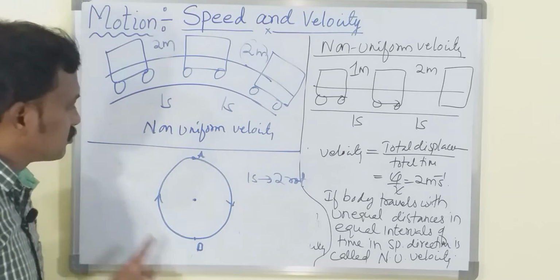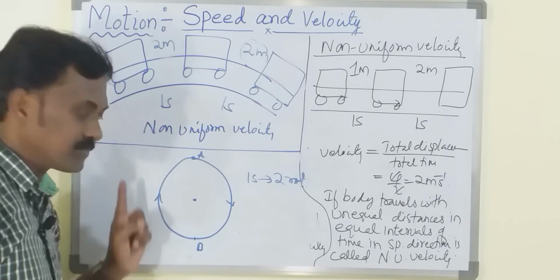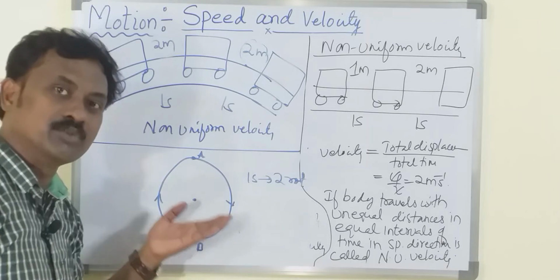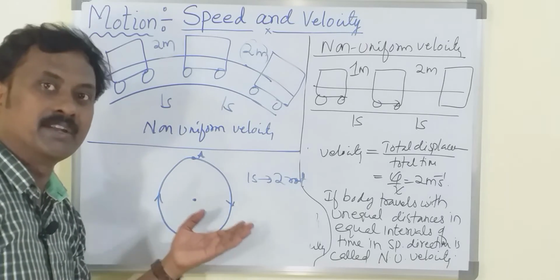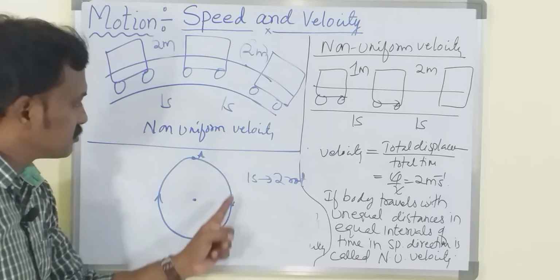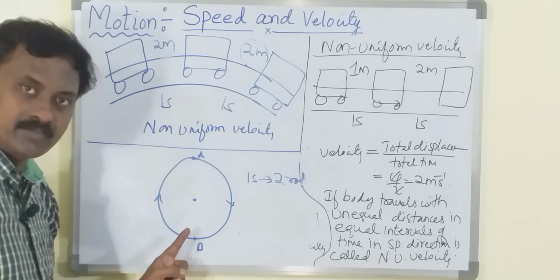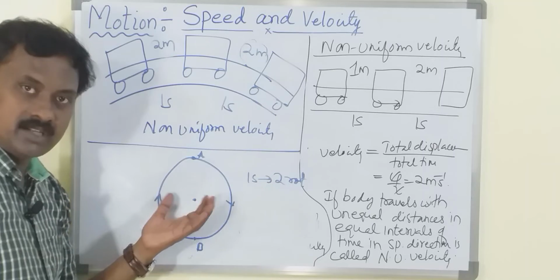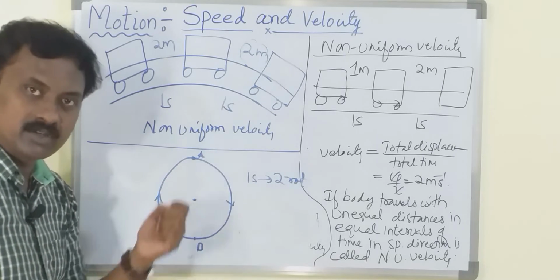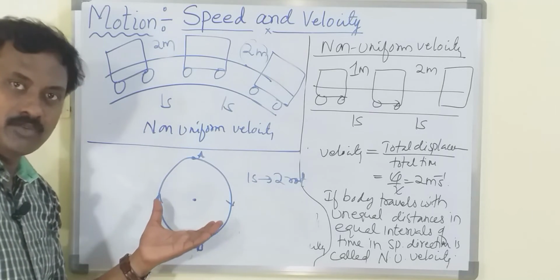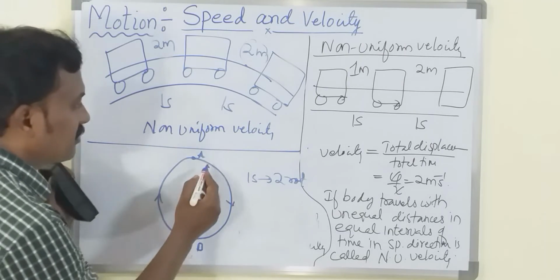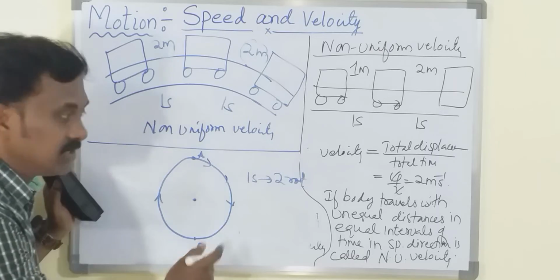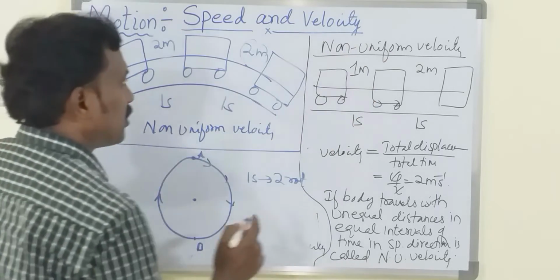If the body is moving in a circular path like this, it is moving with uniform speed, but the velocity is varying. Covering equal rotations in equal times means uniform speed, but since the direction of motion is changing constantly, the body is moving with non-uniform velocity.